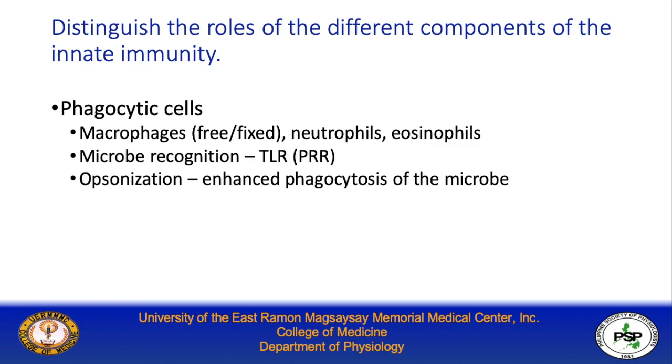We also have the process of opsonization, wherein certain factors coat the microbial cell, and once coated, there is enhanced phagocytosis. It increases the likelihood of phagocytosis of this microbial cell. It makes the microbial cell more palatable to the phagocytic cell.